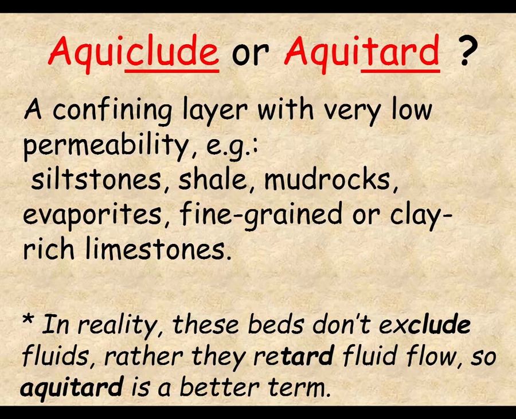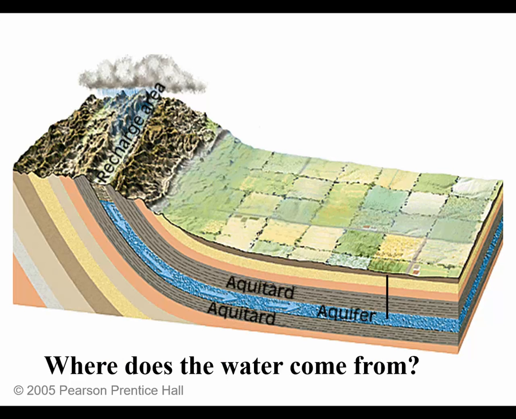We used to use the word aquiclude a lot. It turns out all of these things that are confining layers are slightly leaky. And so an aquitard is probably a better word. And it's a good word because it reminds you that it retards but doesn't exclude the flow of water between adjacent aquifers. Okay. Now here it's called an aquitard, and here's the confined aquifer.